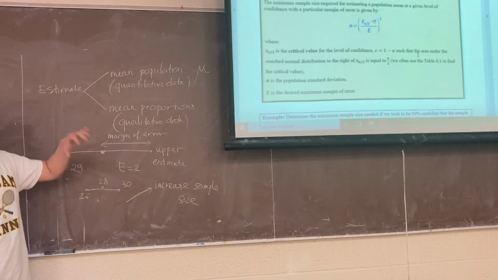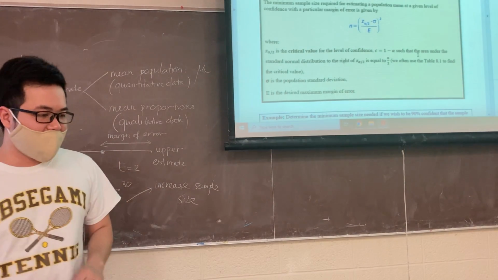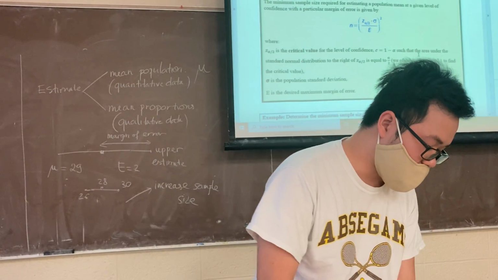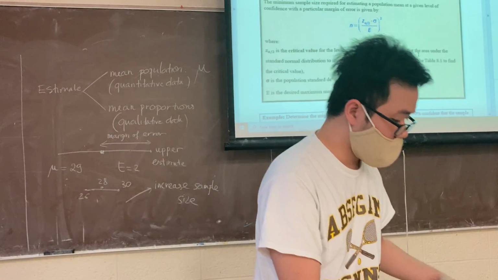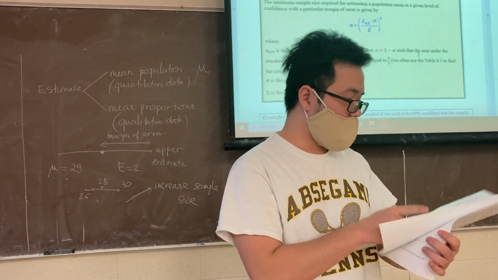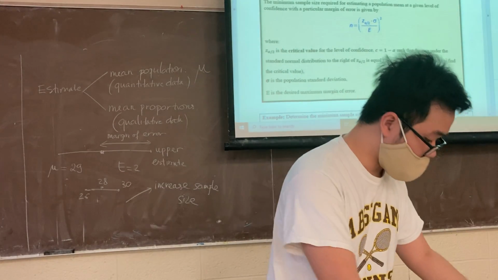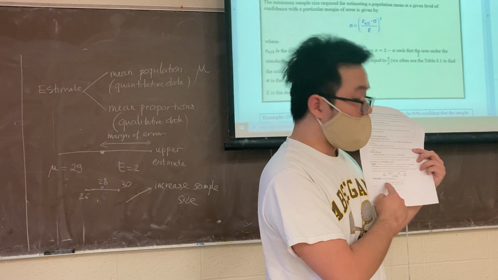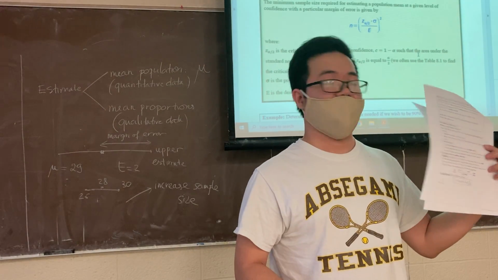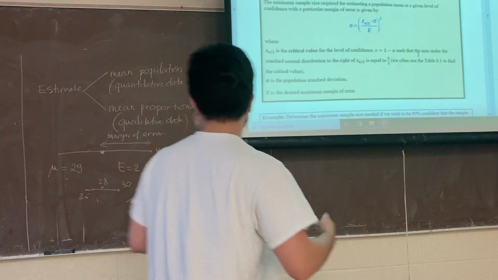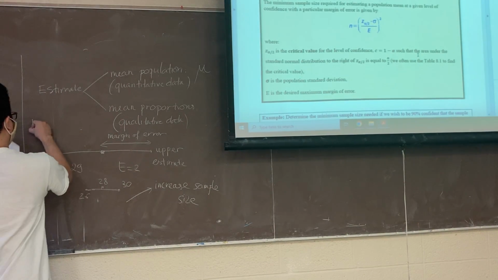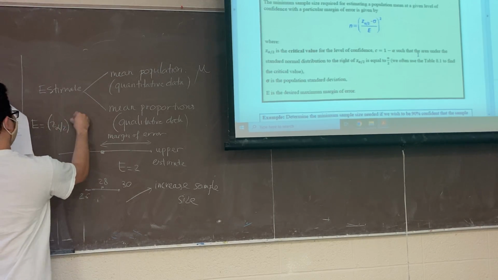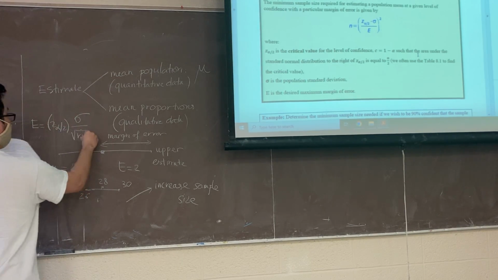If you look at the formula of the margin of error in the previous handout, you see that the margin of error E equals z alpha over 2 times sigma over the square root of n.